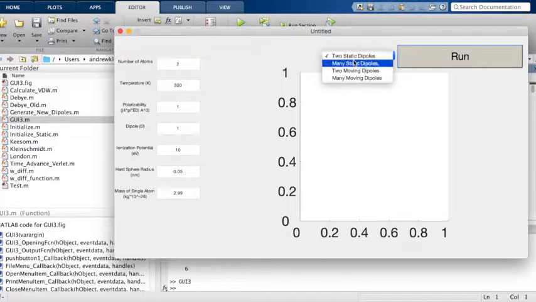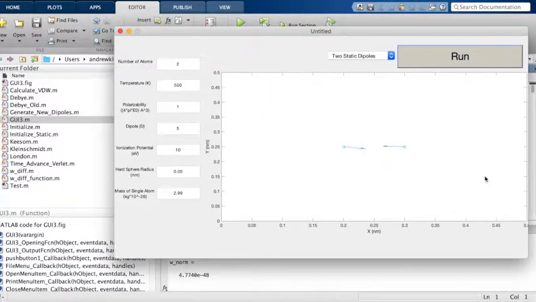So if we want to do, say, 2 static dipoles, that's the first section of the computational assignment, where we have 2 polar molecules that are fixed in space. And so what we can do is we can set things like our temperature, the strength of the dipole moment, and in order to actually look at our simulation, we just hit run.